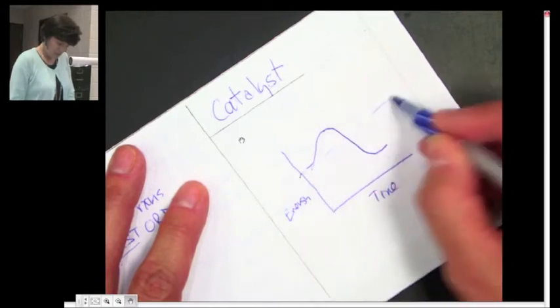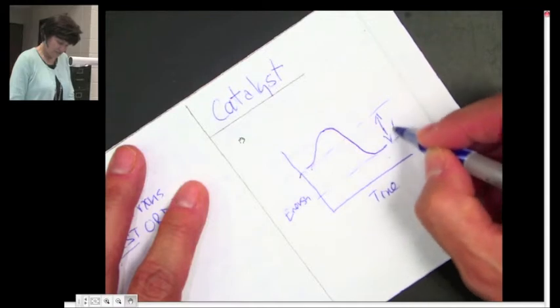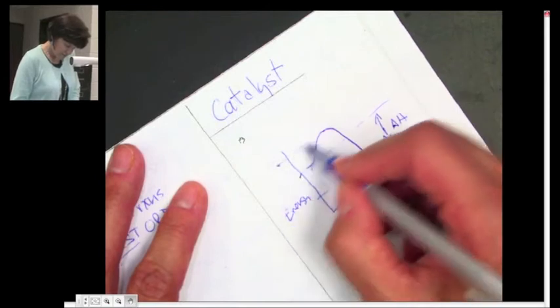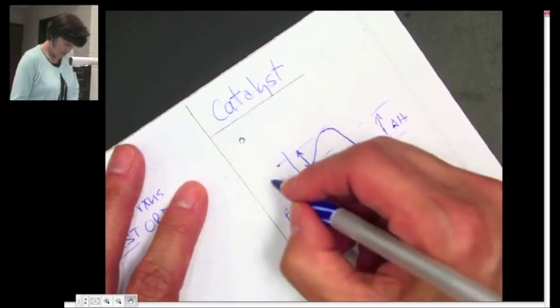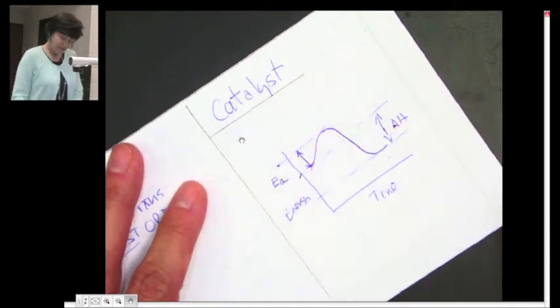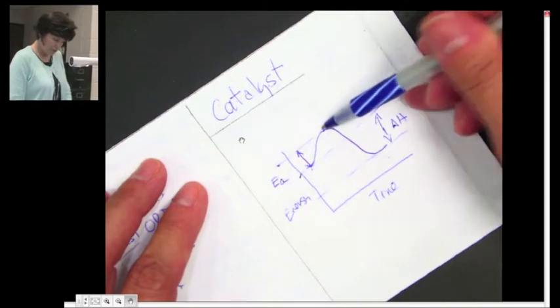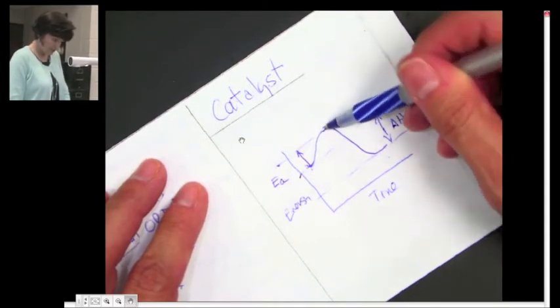So from here to here is the change in enthalpy, or the delta H. And from here to here is the activation energy. It's the energy required to get that reaction started, to reach the tip of the energy curve.